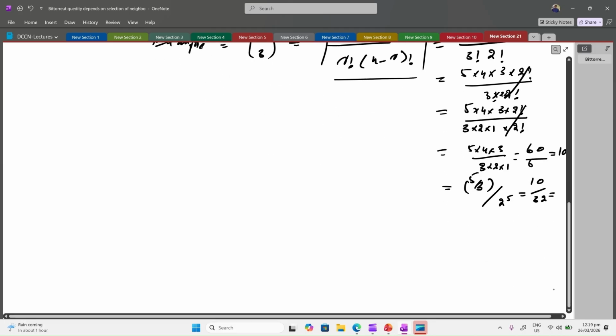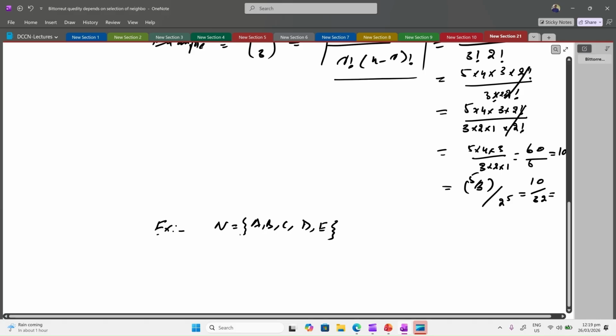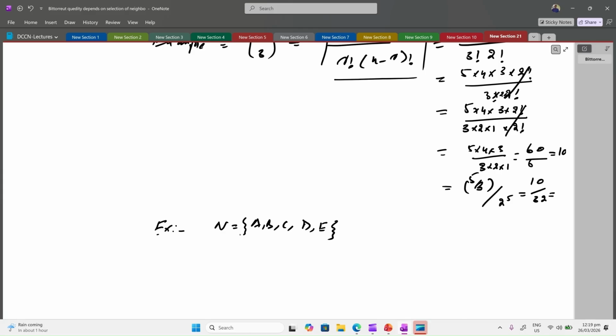Let me give you another example. What is the probability, for example? Let's assume that I have a set of alphabets, five alphabets: A, B, C, D, E. And if I ask you what is the possibility of having three alphabets, arranging three alphabets in order, and what is the possibility to have such total combinations?